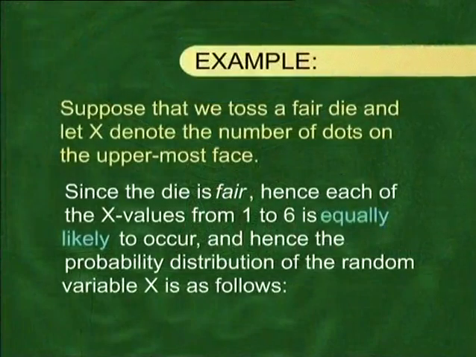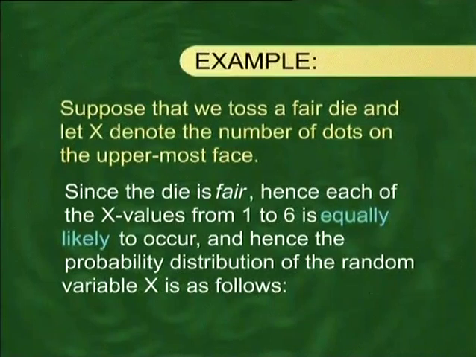We begin with the discussion of the discrete uniform distribution, and I would like to explain it to you with the help of an example. Suppose that we toss a fair die and let x denote the number of dots on the uppermost face.